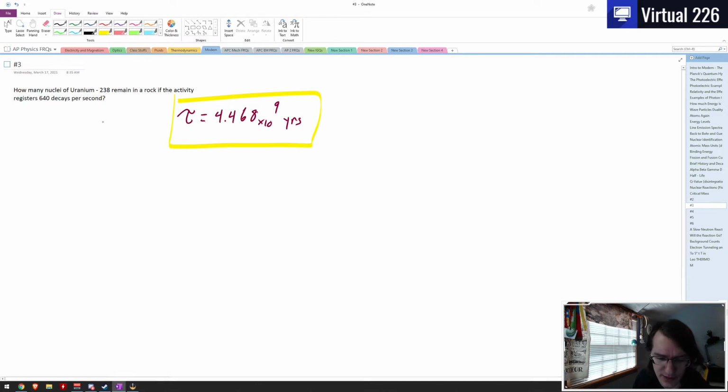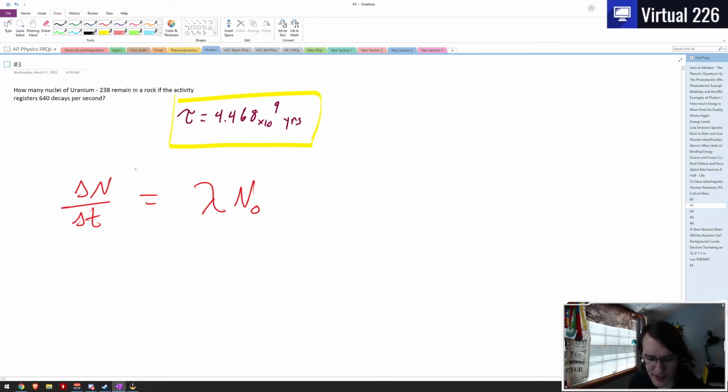So in order to solve this problem, what we need to recognize is that the equation we could use here is delta N over delta T. This is the activity, and that's going to be equal to technically a negative, but lambda N naught here. Okay, we're just ignoring the negative at the moment.